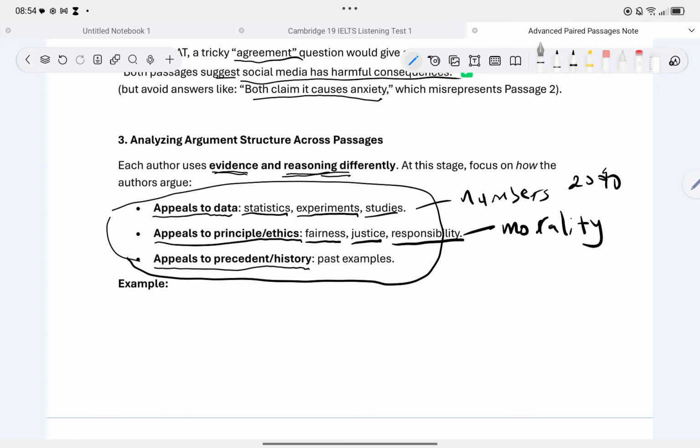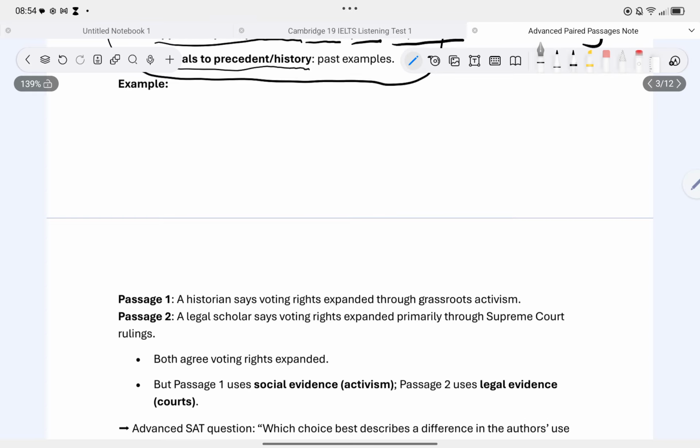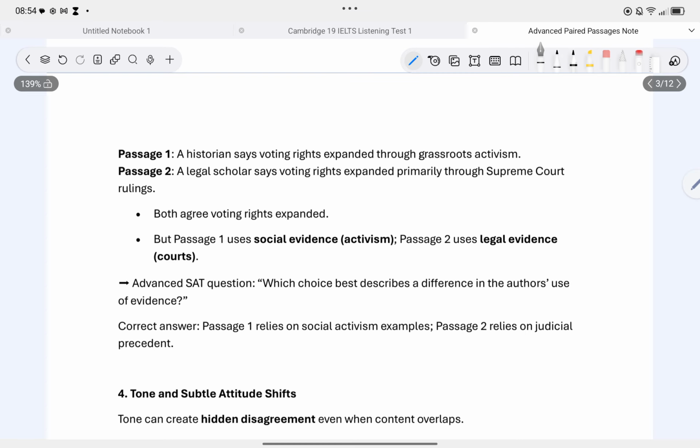Now, the reason this is important is because you may see a question that tells you to differentiate between the evidence provided in passage A from passage B, or the reasoning in passage A and passage B. Look at this. Historian says voting rights expanded through grassroots activism.